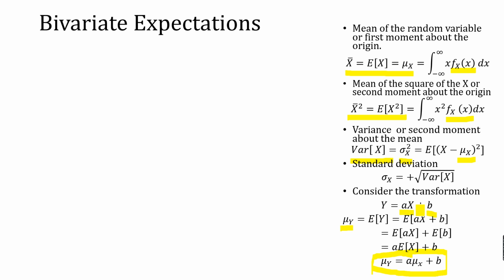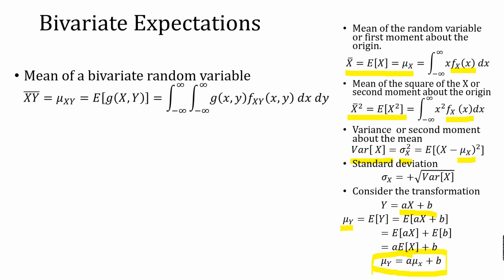This relation is very important in future, so keep this point. If x and y random variables are defined with this relation, then the mean of x and y can be related using this formula. So with this basics, let us define expectations of bivariate random variables. The mean of a bivariate random variable can be denoted with three different notations, and it can be defined as a double integration with respect to x and y.